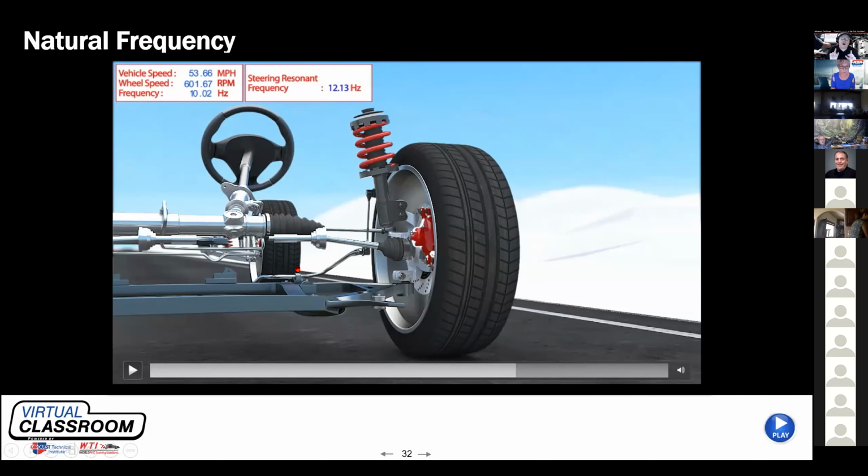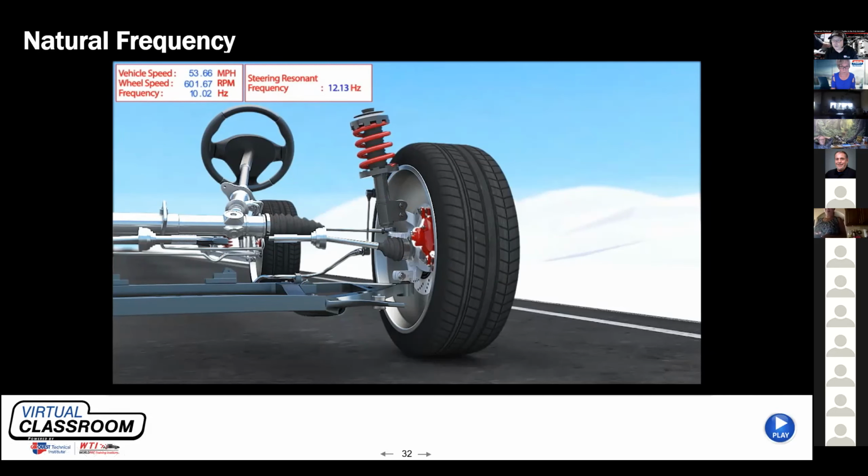But see, all of my suspension in this car, my lower control arm, my drive shaft, my strut, my tower, all of this suspension hooked into my rack right here. As a combination, our entire suspension has a steering resonant frequency or natural addition of frequencies of 12.13 hertz.